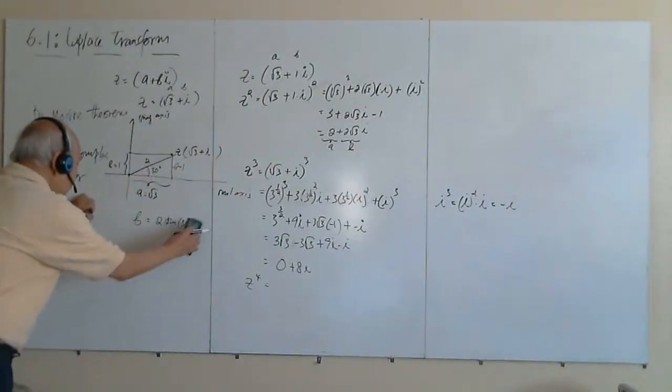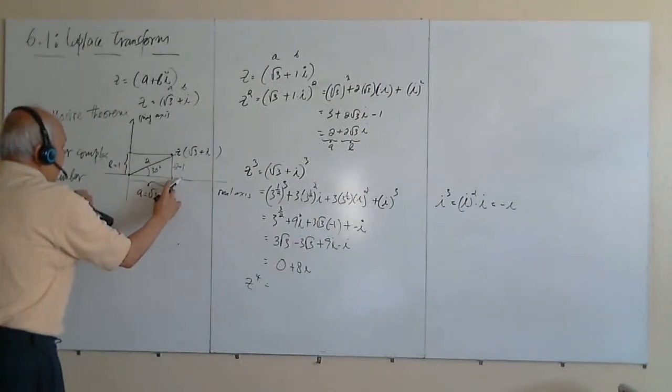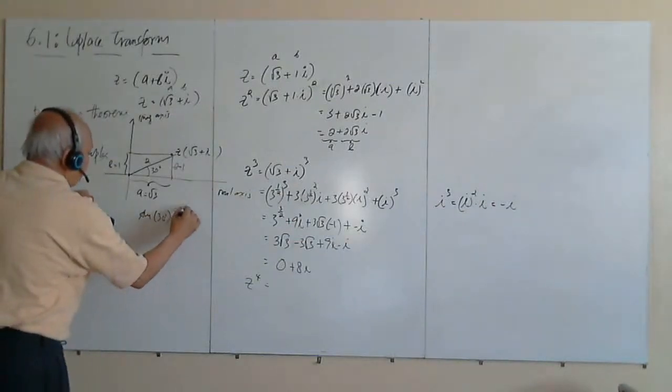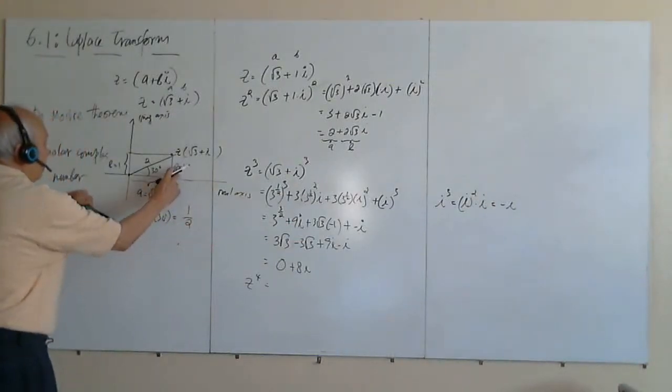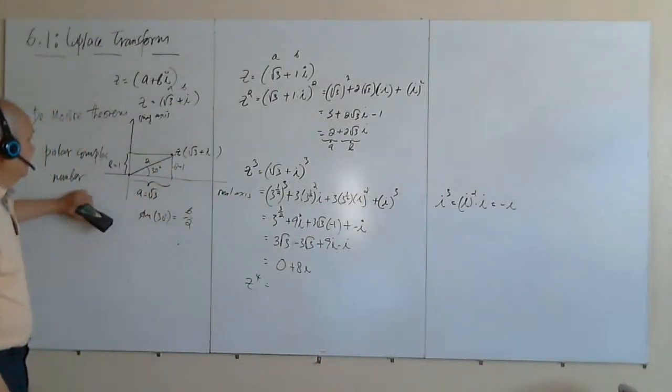Okay. So for those of you who are confused, remember, if you look at this one here, sine 30 degrees is going to be equal to 1 over 2. Am I correct? 1 over 2. So I would say that this one is b. Yes or no?